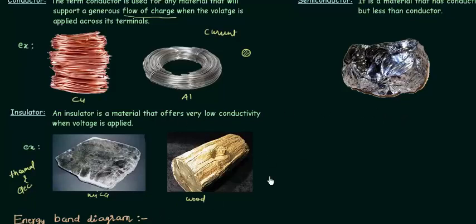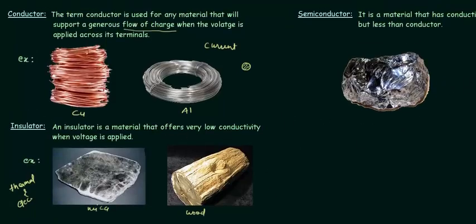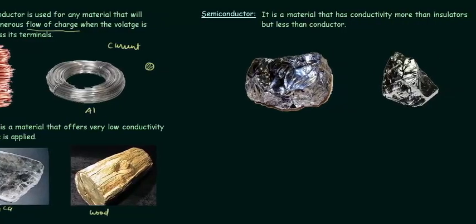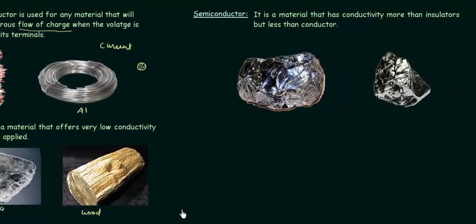Let's move to the next thing, that is our semiconductor, and the most important thing that you must know in this course. So let's start with the semiconductor. What it is: a material that has conductivity more than the insulators but less than the conductor. Very simple. That's why we call it semiconductor. So we can say that the flow of current in semiconductor is not as much as the conductor and not as low as the insulator.